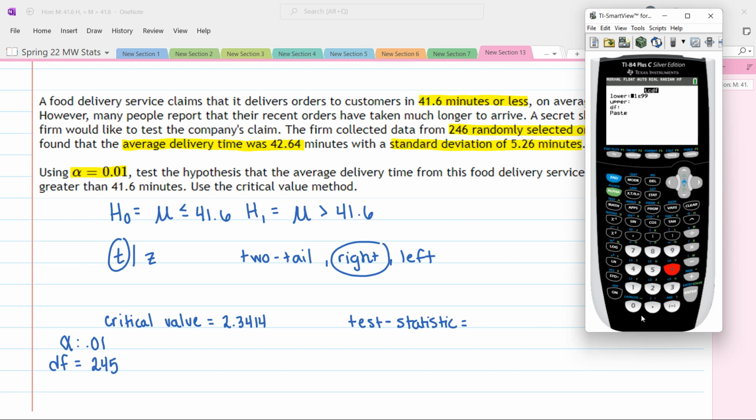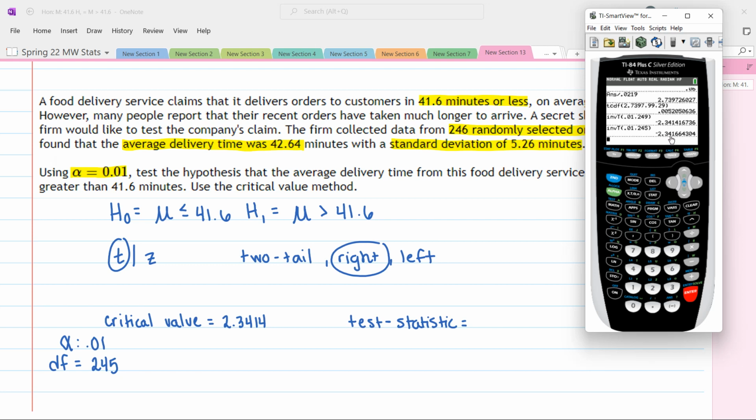Because that one is way off. Nope, don't want TCDF. Did I put 249? Maybe that's why.